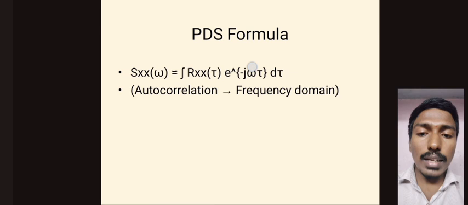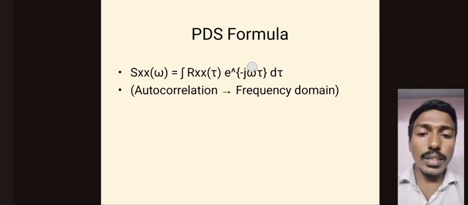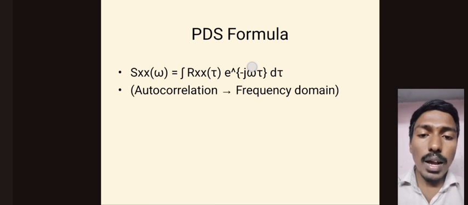So S_xx of omega, where xx represents autocorrelation. So S_xx of omega is equal to the integration of R_xx of tau e power minus j omega tau d tau.